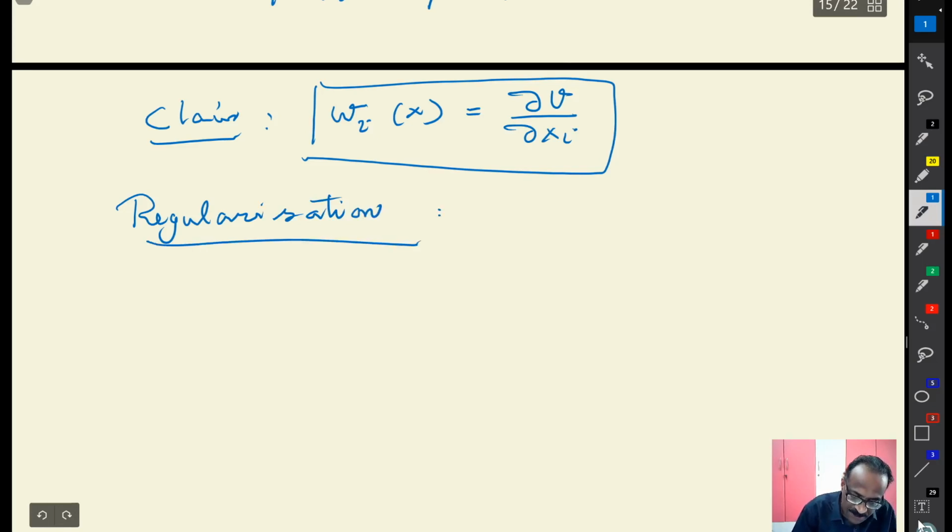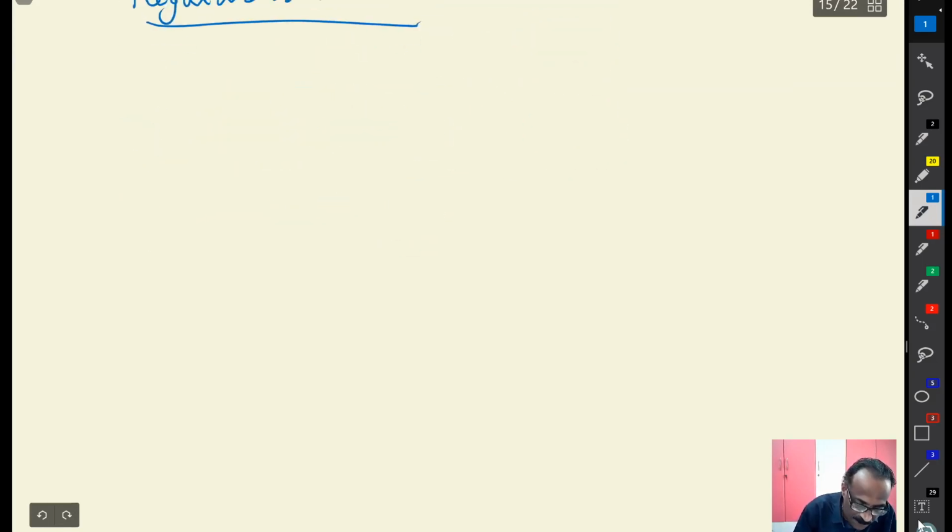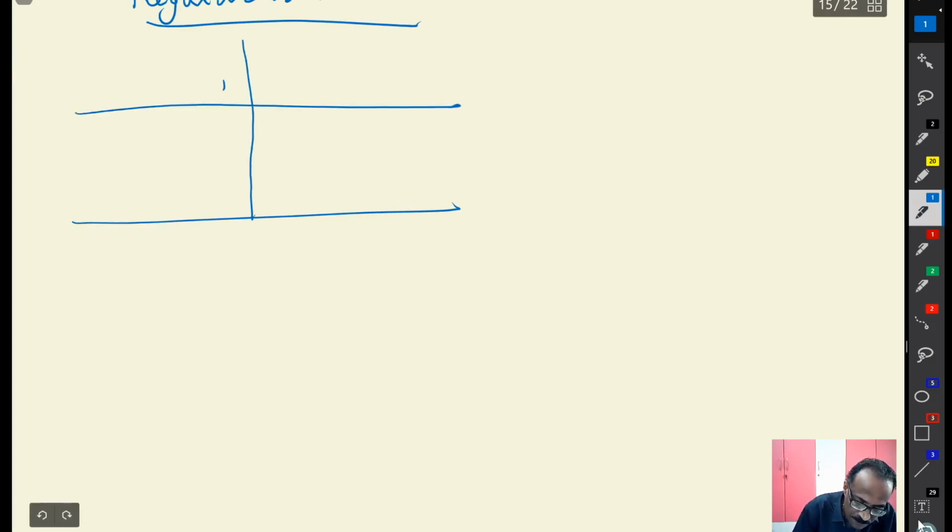So let me geometrically show you. I want to choose a function. This is 1, and 2 here. So I choose a function which is 0 here, smoothly varying, and 1 here.